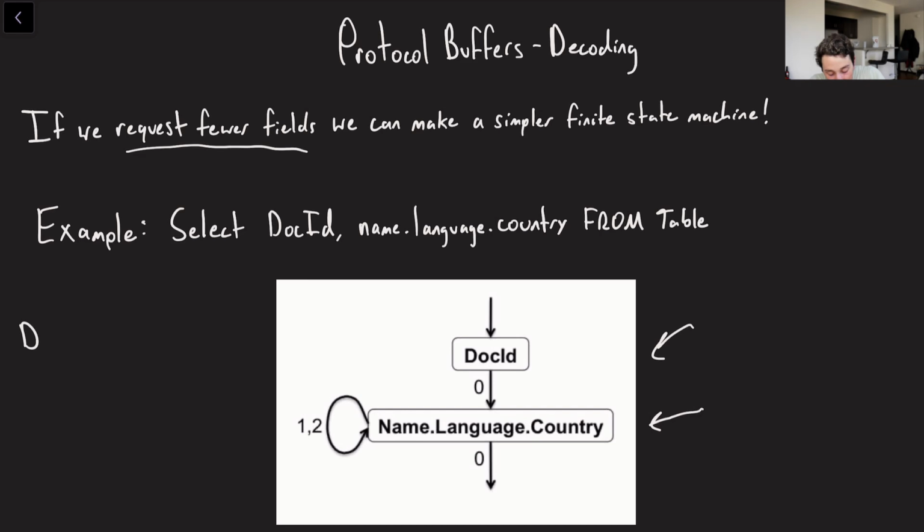So we're only jumping back and forth between reading the document ID and the country. So let's say, country over here. We've got 10 and 20, and maybe a repetition level of 0 and 0.